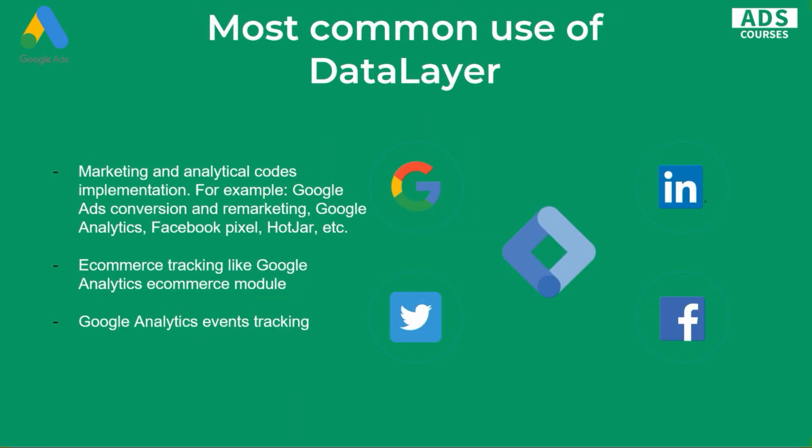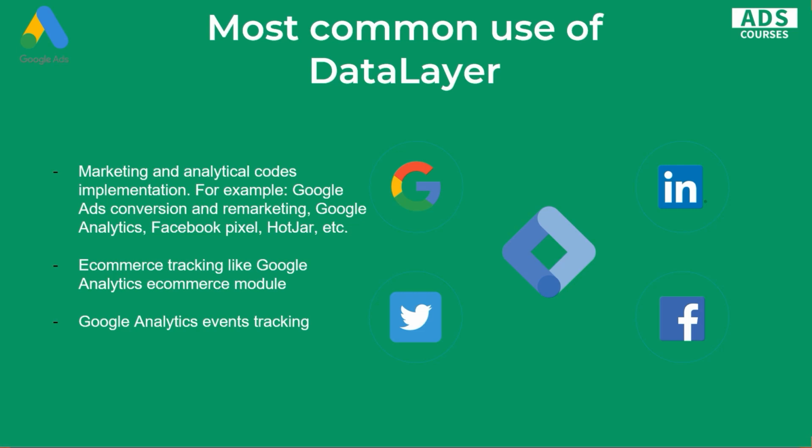Okay, so you can use data layer and Google Tag Manager for many different purposes, but there are some most common ways to use it. The first one is marketing and analytical code implementation, for example, to implement Google Ads conversion tracking or remarketing codes, Google Analytics integration, Facebook Pixel, Hotjar, and other platforms and systems that require some code implementation into your website or your mobile application.